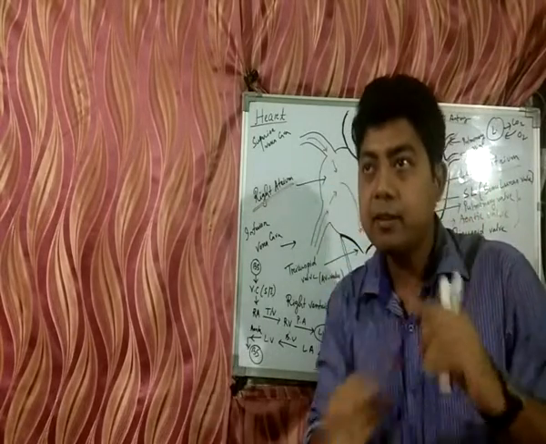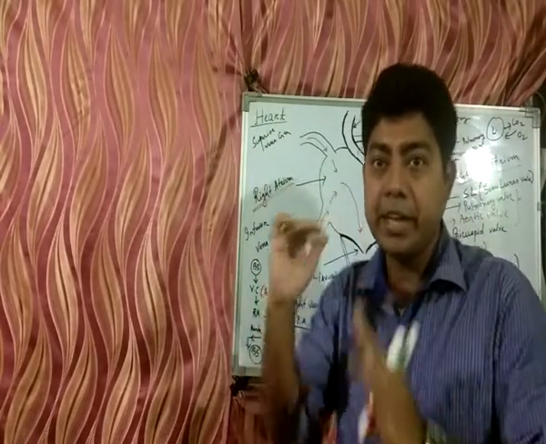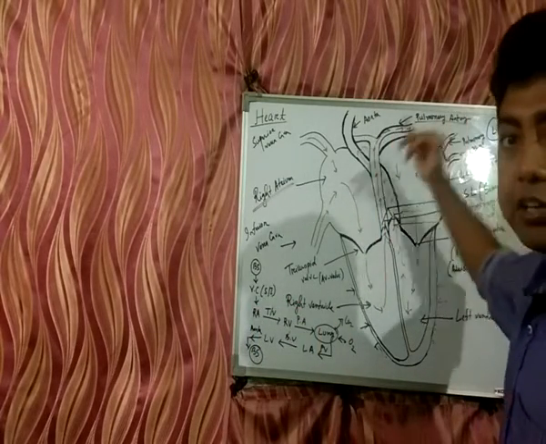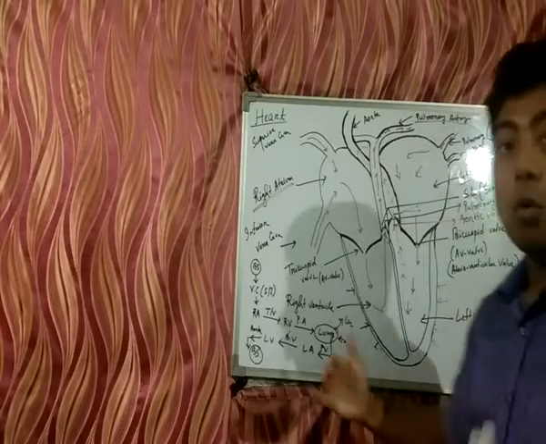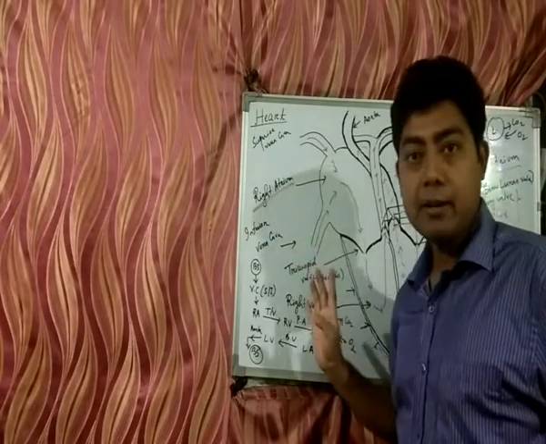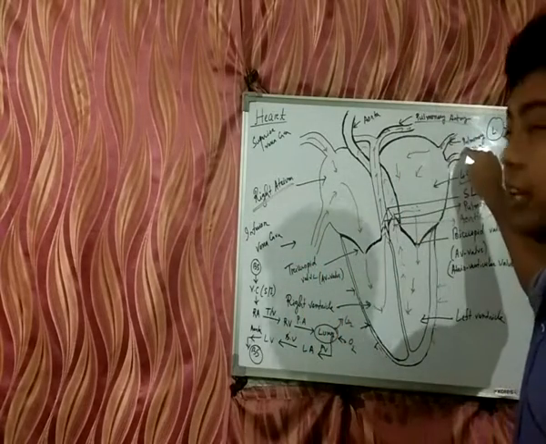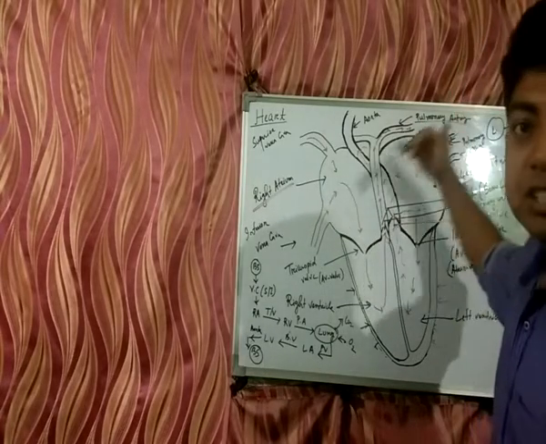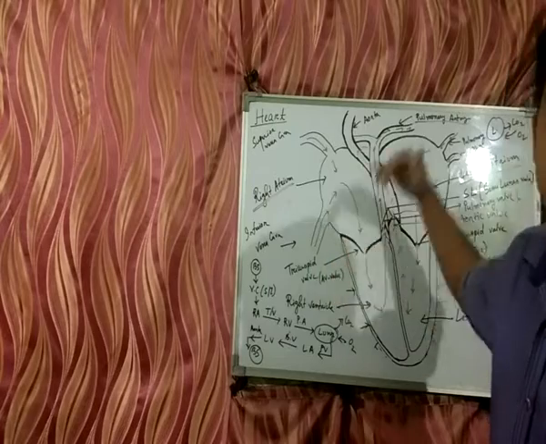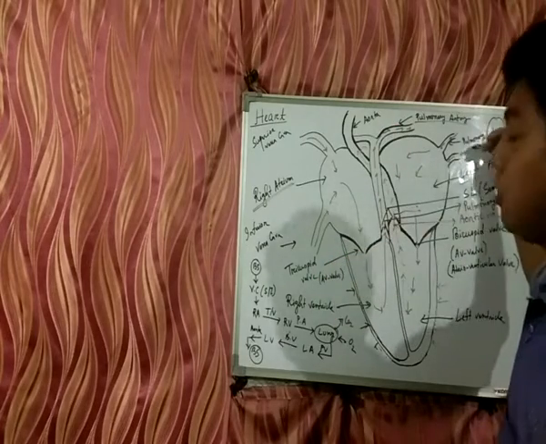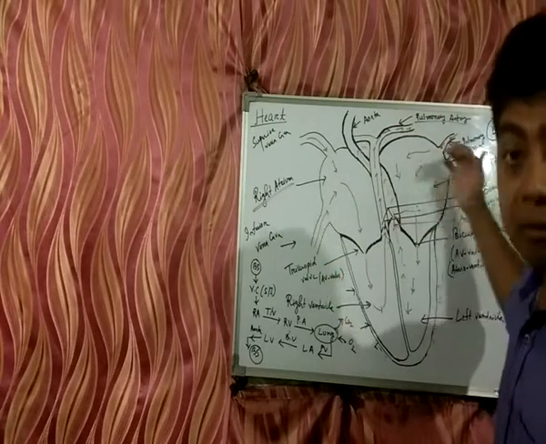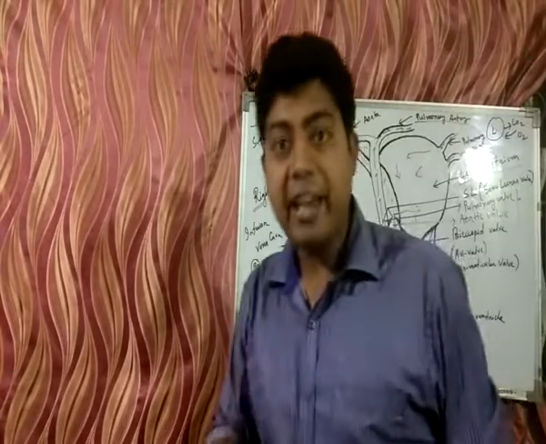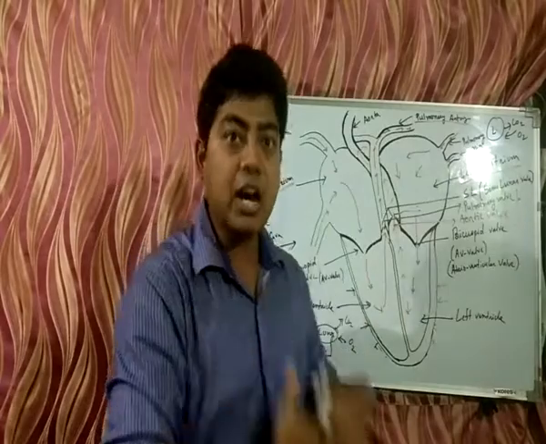What is the direction of a vein? Towards the heart. Here also it carries blood towards the heart, but not from the whole body system like the vena cava. From where? From the lung. That's why it is called the pulmonary vein, because it carries blood towards the heart.